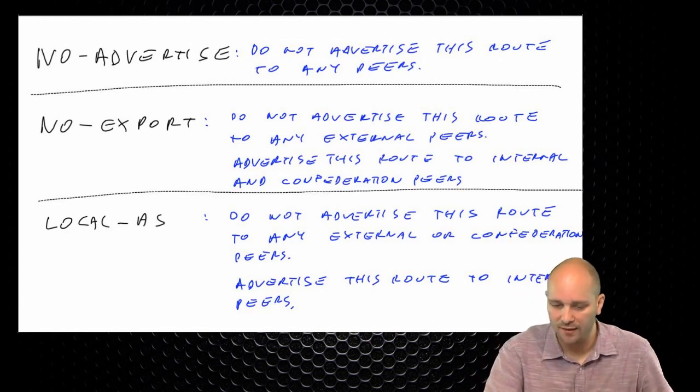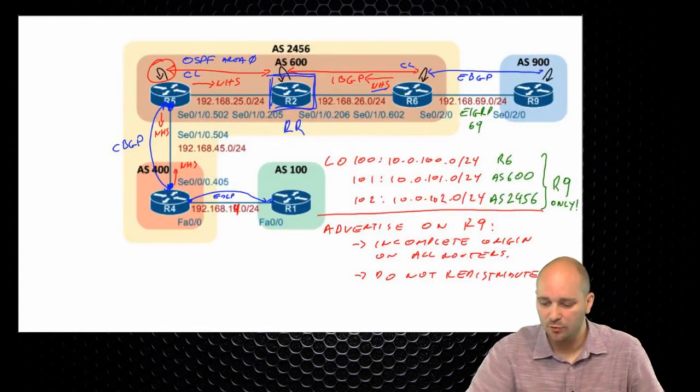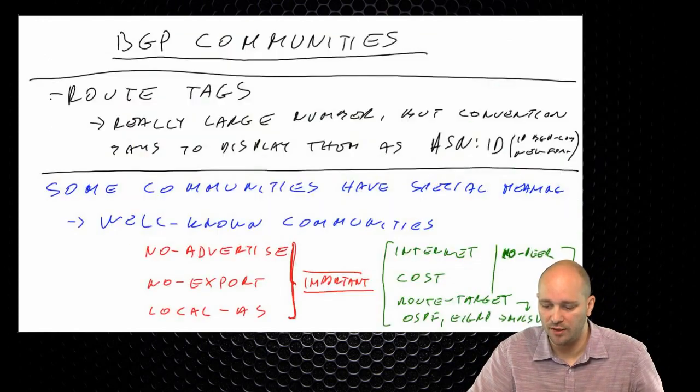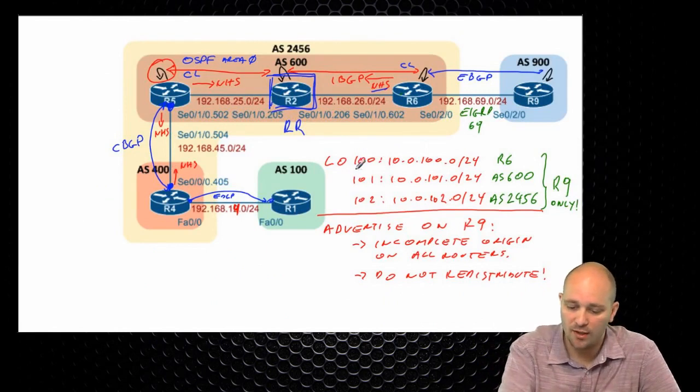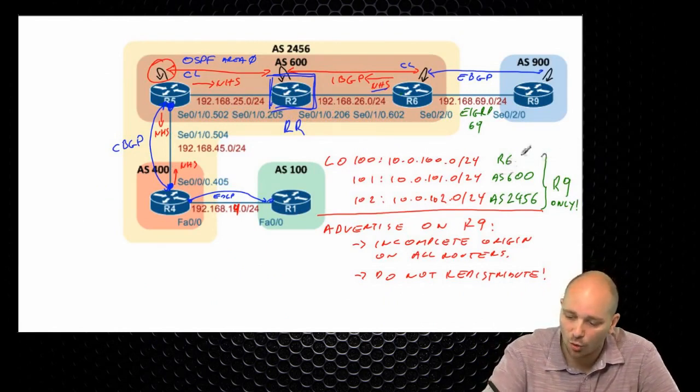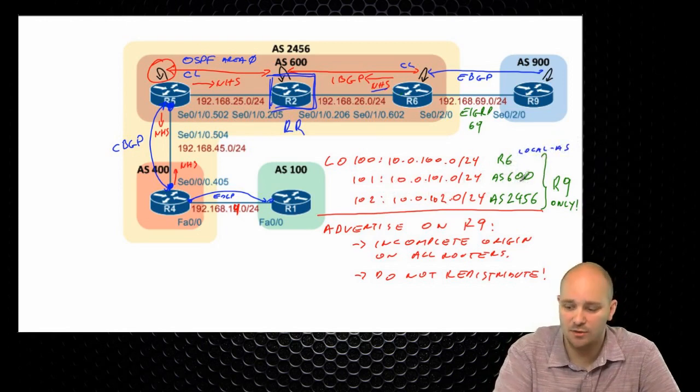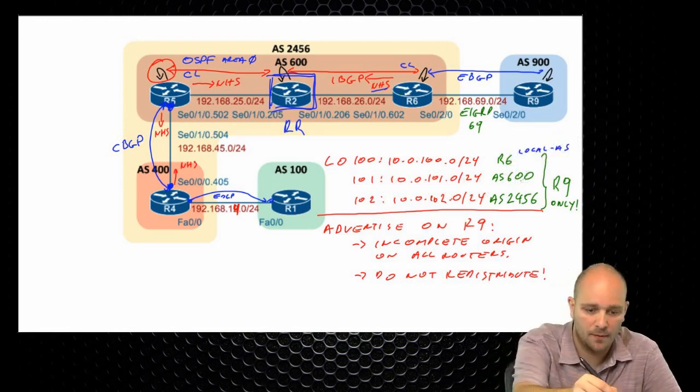So taking a look at our example here, what is it that we actually need to do? Well, if we are to use the communities to solve this problem, really, for this one that needs to be advertised only to R6, we are going to be using the local-AS. This one that needs to stay in AS, sorry, not local-AS, oh, silly me.